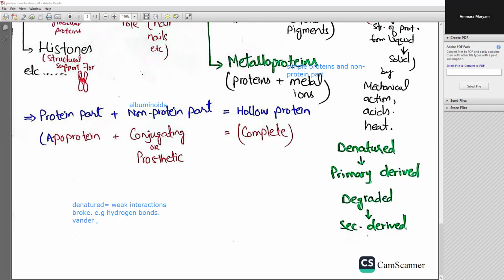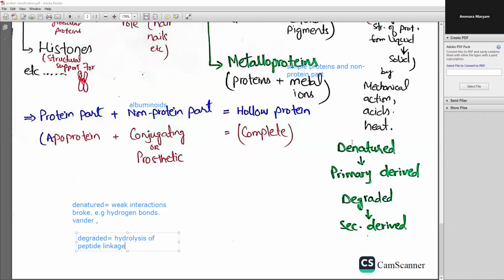And next we have degraded proteins. In degraded proteins there is hydrolysis of the peptide linkage. So these derived proteins are the denatured or degraded products of the simple or conjugated proteins.